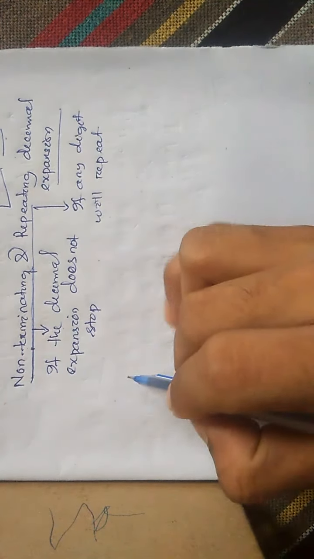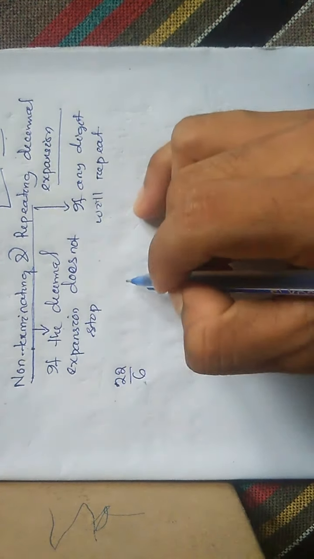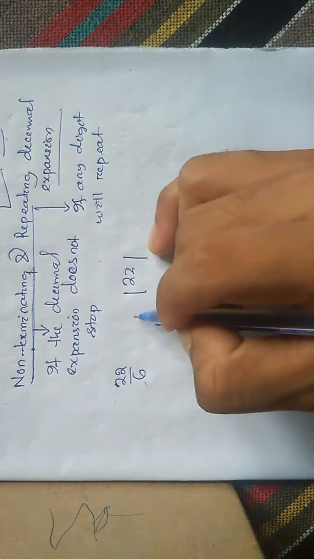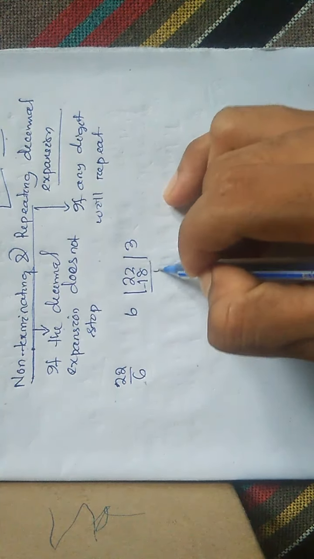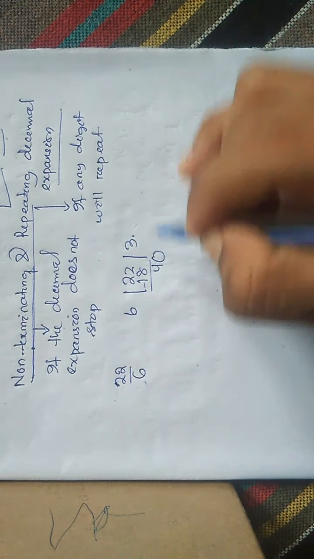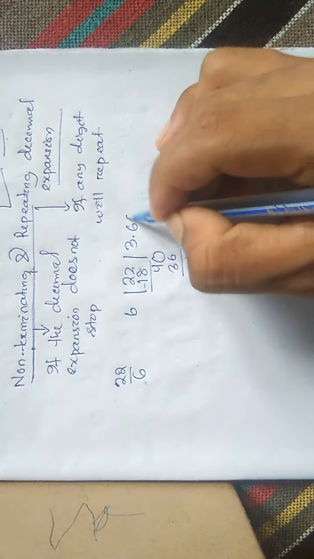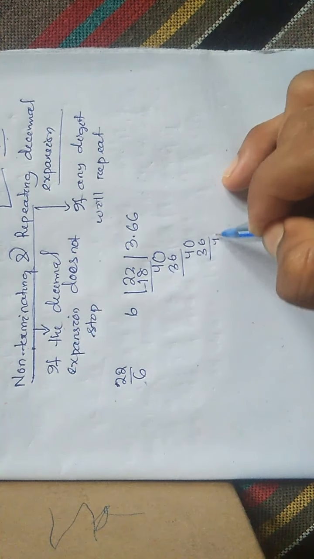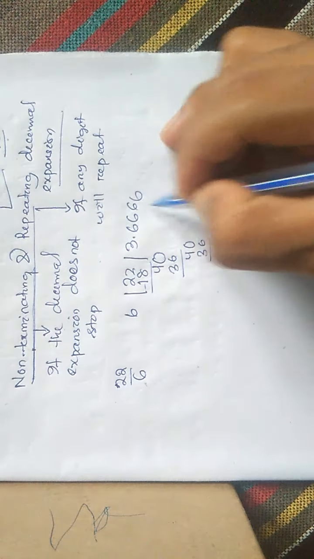We will take an example of that. Suppose 22 divided by 6. Then let's divide them. 22 divided by 6. 6 3 is 18. So 4.0. 6 6 is 36. 4 0. 6 6 is 36. And 4 0, 6 6 is 36.